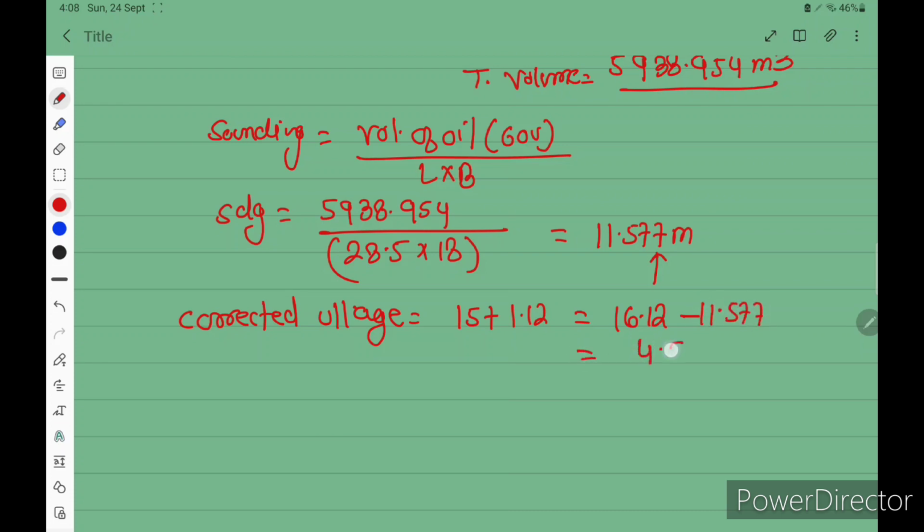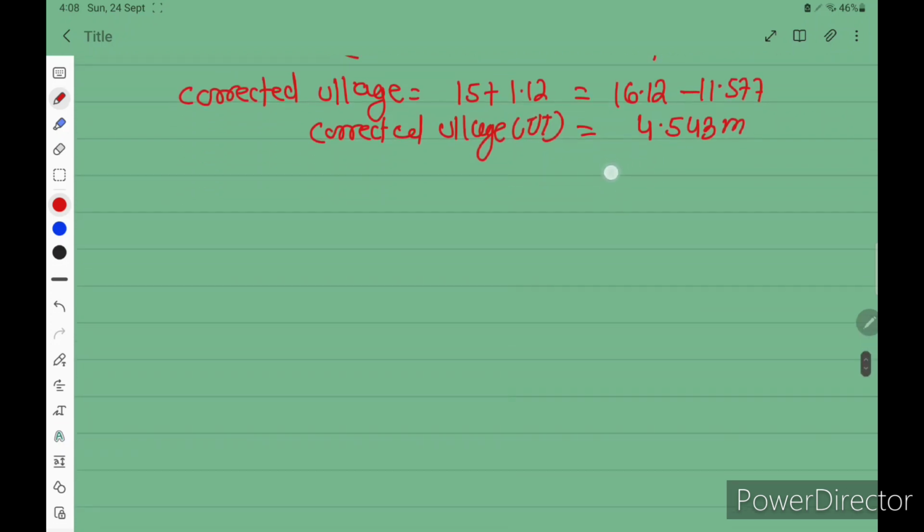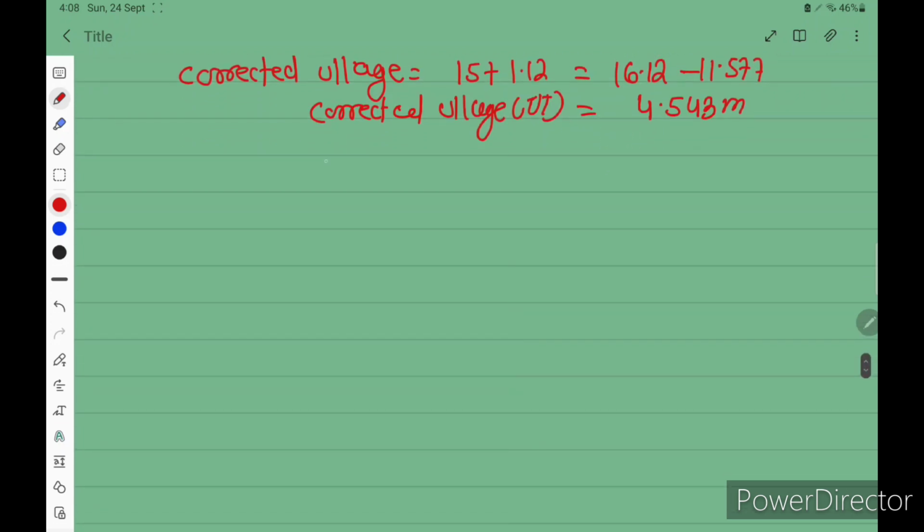So we get corrected ullage 4.543 meters. Corrected ullage, that means UT. Okay, this is understood. Then we have to make the diagram since the vessel is down by head.